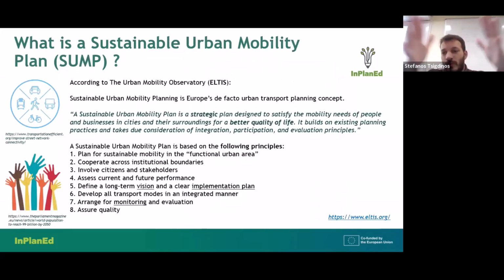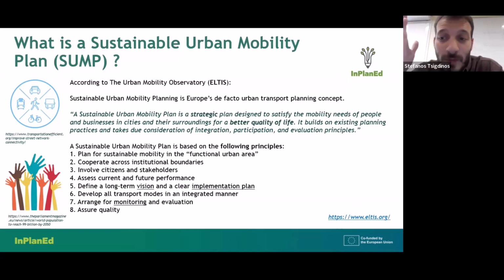So according to the official term, because the European Union has set some terms and concepts about the SUMPs, a SUMP is a strategic plan that has been made to satisfy our mobility needs and also to create the background for a better quality of life.